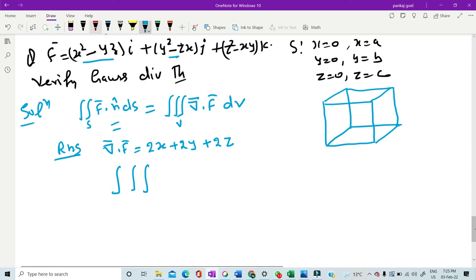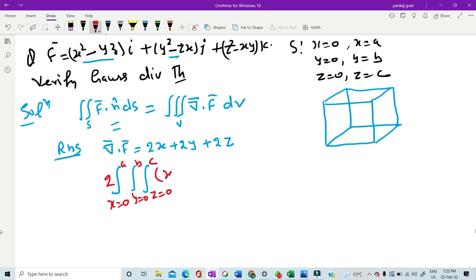So let's write the limits: x equal to 0 to a, y equal to 0 to b, and z equal to 0 to c. Take 2 outside, that is x plus y plus z, and dV will be equal to dx dy dz, so we can say dz dy dx. We can easily integrate this one, and we will get the answer abc times (a plus b plus c).